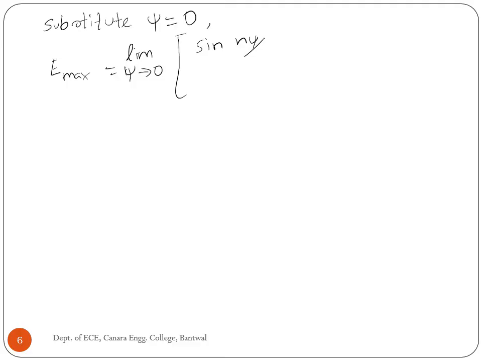If we substitute xi equal to 0, we get an intermediate form, that is, limit xi tends to 0 of sine of n xi by 2 divided by sine of xi by 2. Therefore, E max is equal to n.